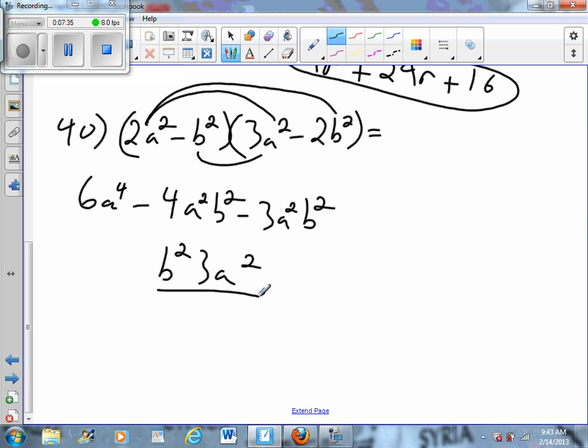Now your last two terms, right here, negative b squared and a negative 2b squared. Sometimes some of you would mess up on the sign changes here, but you've got a negative times a negative, so that is going to give you a positive. Didn't see a lot of issues with that, but a few.